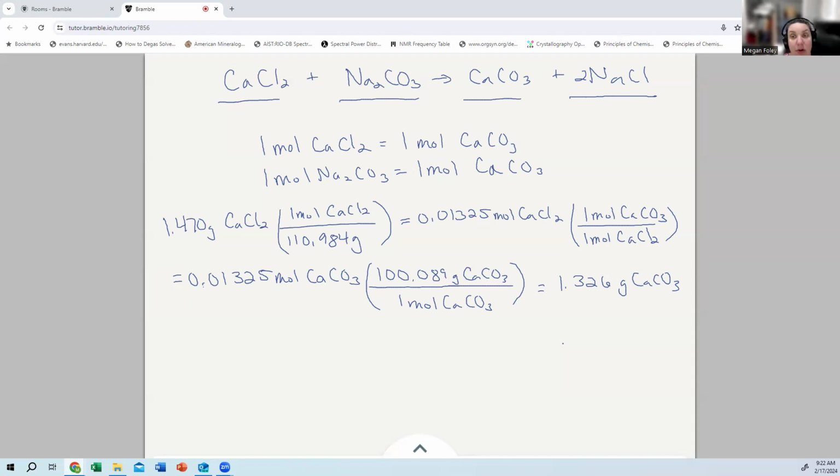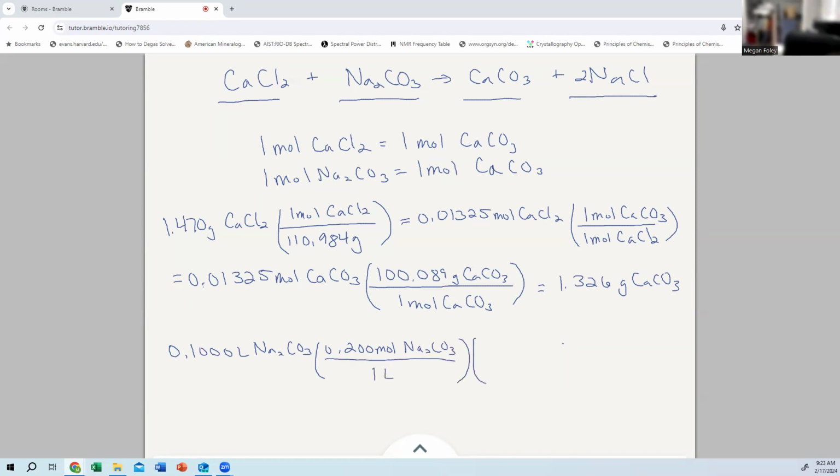So if we have molarity and volume, we can multiply them together to get to moles. So we have 0.1000 liters. So I've just taken that 100 milliliters and converted it into liters of our sodium carbonate solution. Multiply that by the molarity, 0.2 moles of Na2CO3 for every 1 liter.